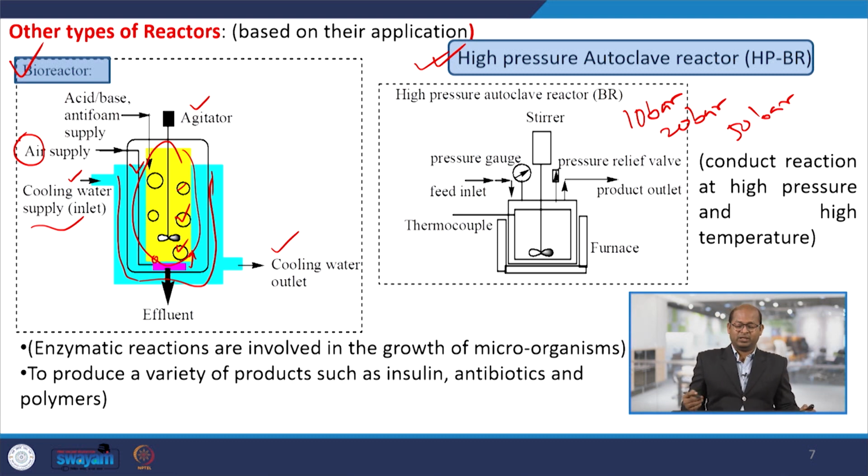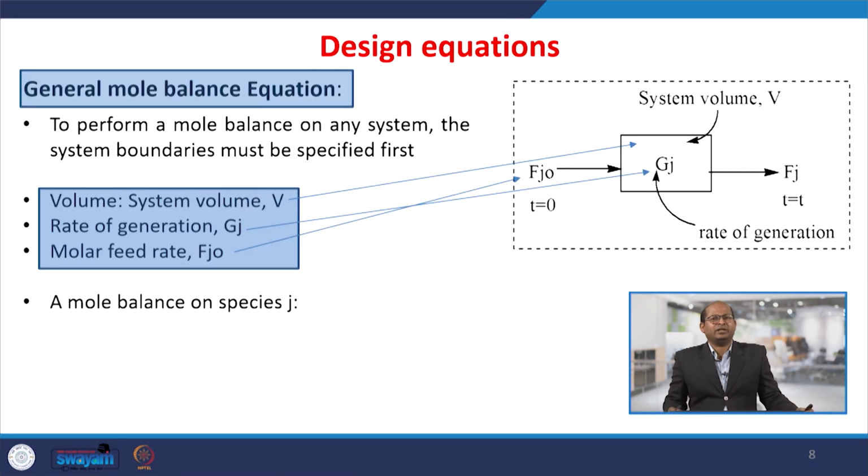For that particular purpose we can use this type of reactor to maintain a high pressure for those reactions. Now we have discussed different types of reactors commonly used or available for industrial operations, and we can also use this type of reactor for lab scale study.